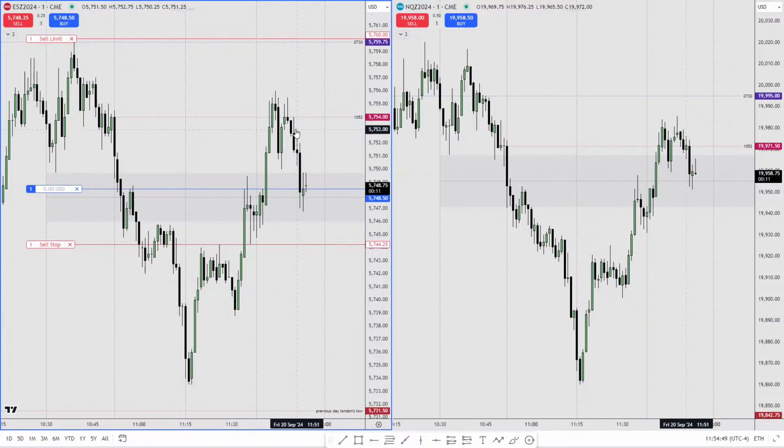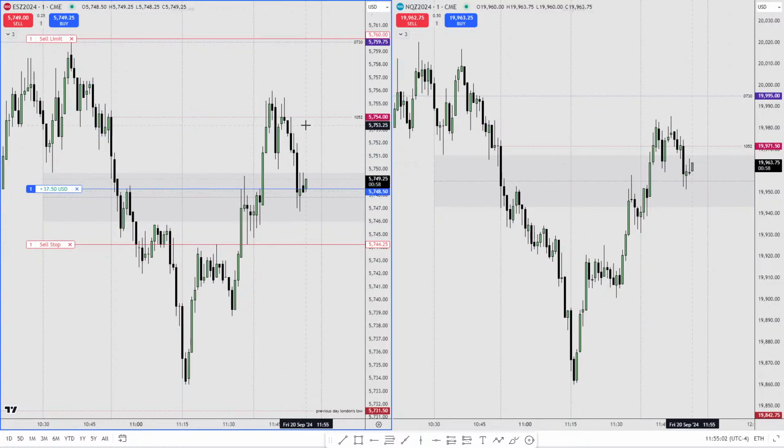I would like to see this right here as a fake market structure shift. So in scenarios like this, when price trades higher, it is going to be very explosive. Look at it go.